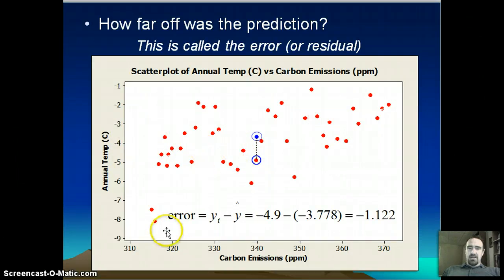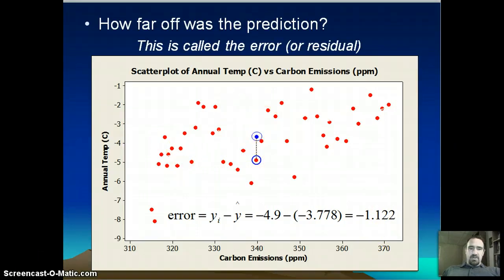If I actually calculate it, I want to take my y value, subtract the prediction, and it'll tell me how far off I am. Negative 4.9 was the actual, minus negative 3.778, that's the prediction, and I get the error, negative 1.122. Whenever your actual data is below the prediction, you get a negative error. Whenever it's above, you get a positive.